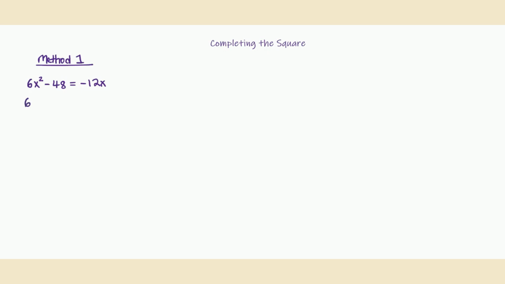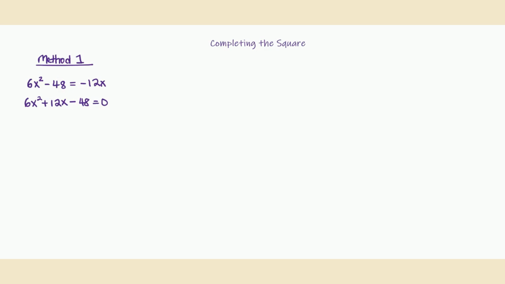So I'll write it as 6x squared plus 12x minus 48 equal to 0. So the 6x squared and the 48 stay just the same. We didn't do anything with those, but we did bring the negative 12x to the left, which makes it positive here. And so we write it in order from highest degree to smallest degree.